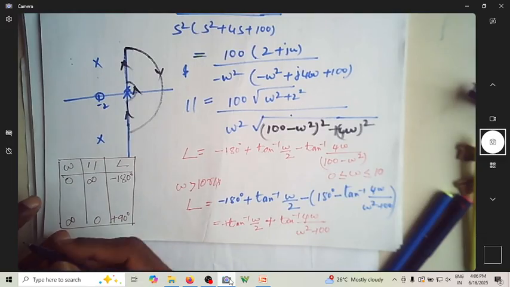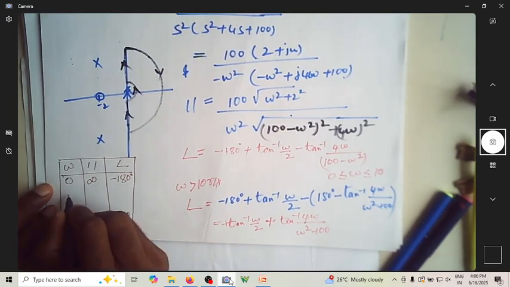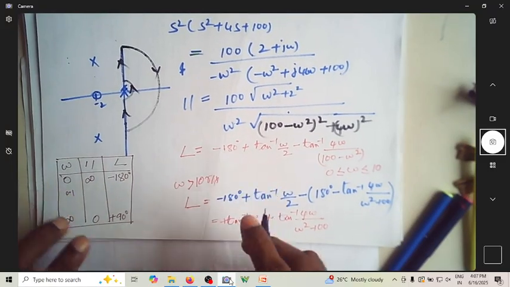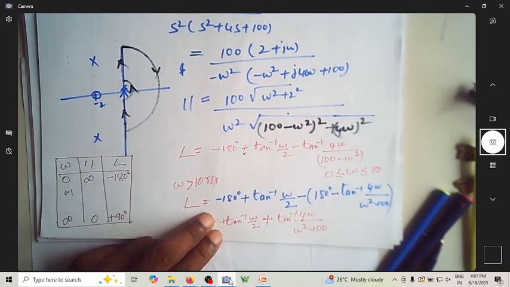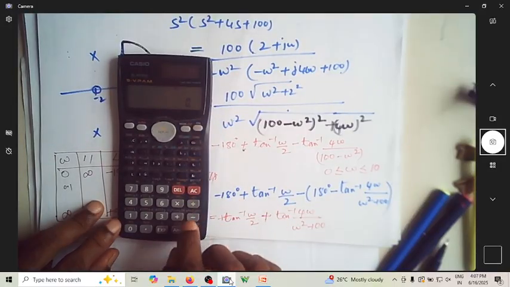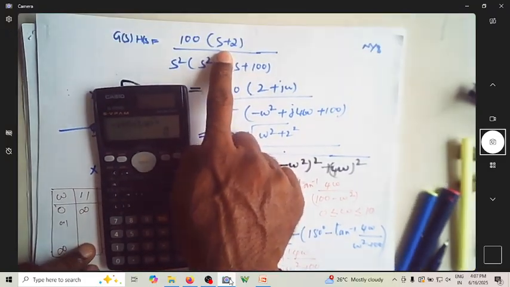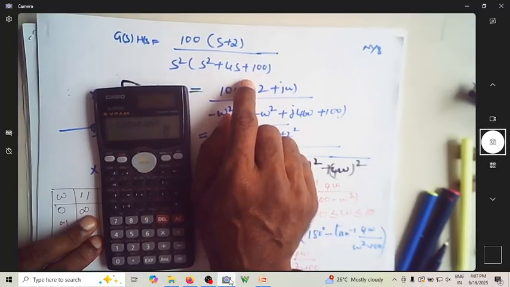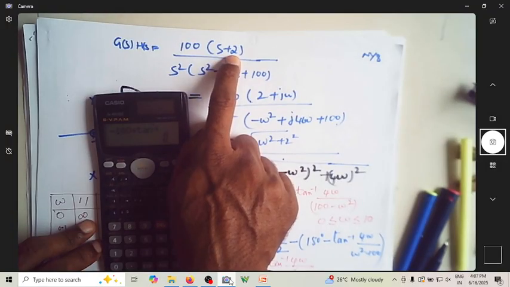Correct? And we can actually find out for 0.1 what happens. So for 0.1 you can use this equation. You can see now since plus is dominating here compared to minus, let us see what happens to the phase. So it is minus 180 degree plus tan inverse of, so the pole is at minus 10, whereas of course the complex, there are repeating poles at 10 radian per second and there is a 0 at 2 radian per second.